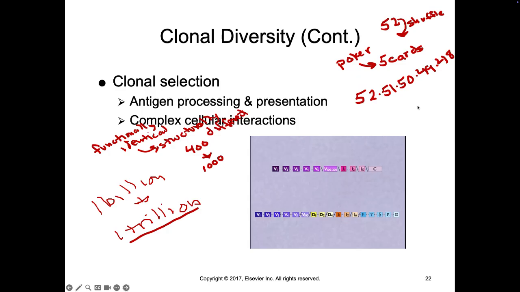If we take this analogy and apply it to how we generate the diversity that we see in antibodies and T cell receptors, we do the same thing with pieces of DNA at the germline level. By recombining them and by removing and adding nucleotides during that recombination process, we're able to generate huge numbers of open reading frames that can bind enormous numbers of different potential antigens. So let's look at how this works.